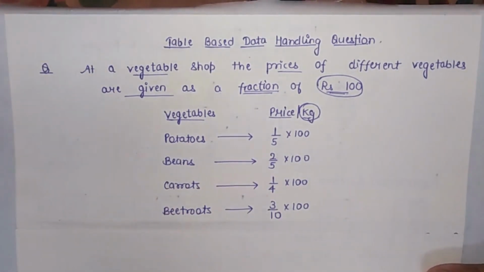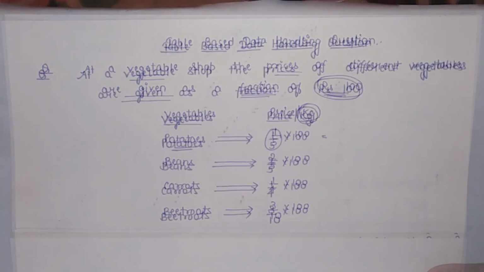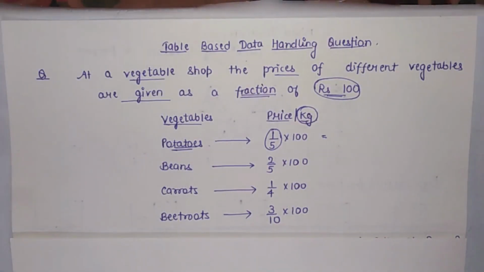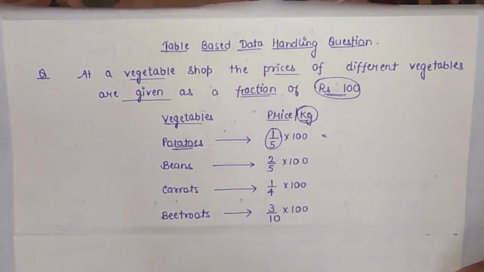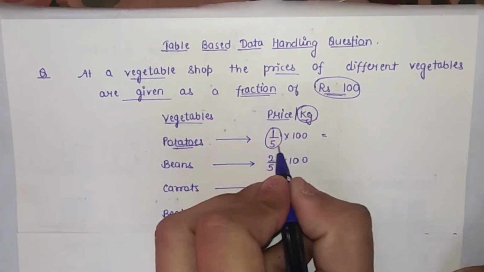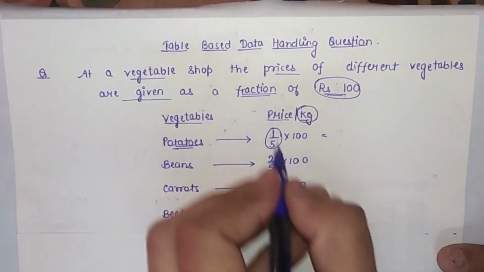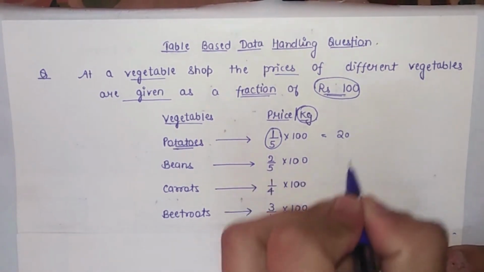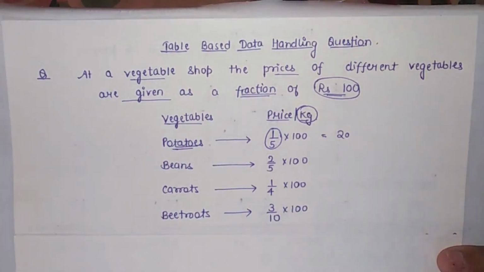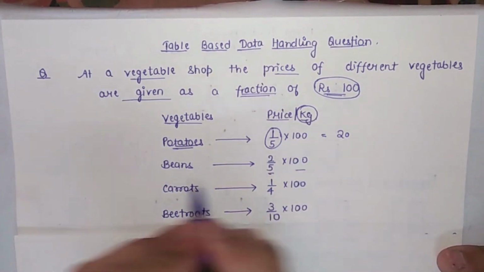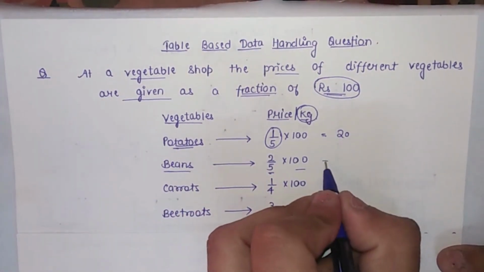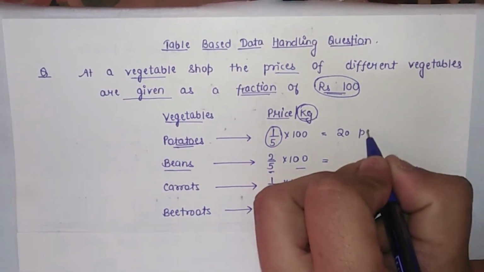Let's first calculate the values, then we'll take a look at the questions being asked. The price of 1 kilogram of potato is 1 by 5 of rupees 100, which is 20 rupees per kg.